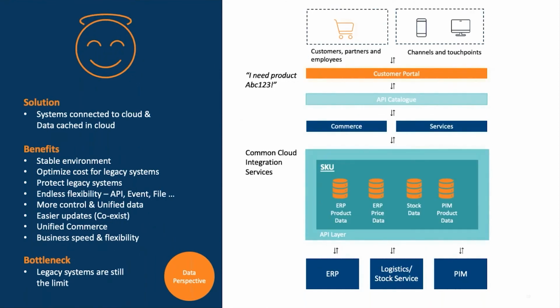So what if you would pull data out of the systems of record and put it in the cloud? Then you can combine data from different sources and create a unified data model that fits your business. As you replace point-to-point integrations with integrations to and from the unified data model, this gives you a more stable environment.